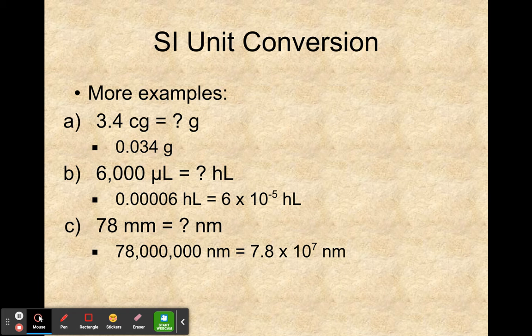Everybody see it? How many and in which direction do we need to move to get back to grams? 2 to the left, right? So we have to take our decimal point and move it 2 to the left. So we have 0.034 grams.